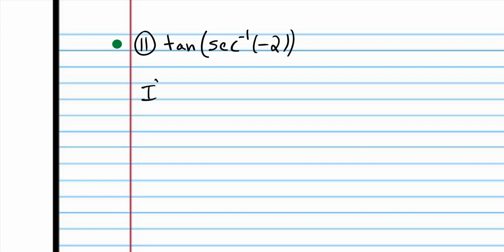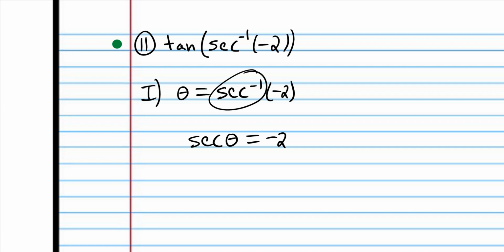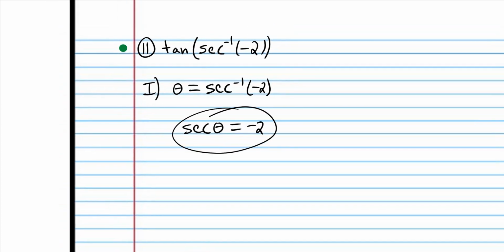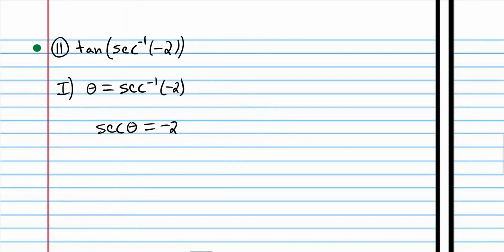Okay, we're back. As usual, we need to start by finding the value of the inside expression, but we don't know what that notation means. So we're going to set it equal to theta, and remember, this button is what we use in the calculator if you're trying to solve this equation. So what we're really trying to do is solve that equation.